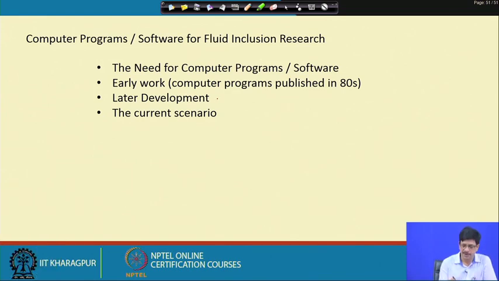I will just briefly go through some of the later developments in computer programs or software for fluid inclusion data.